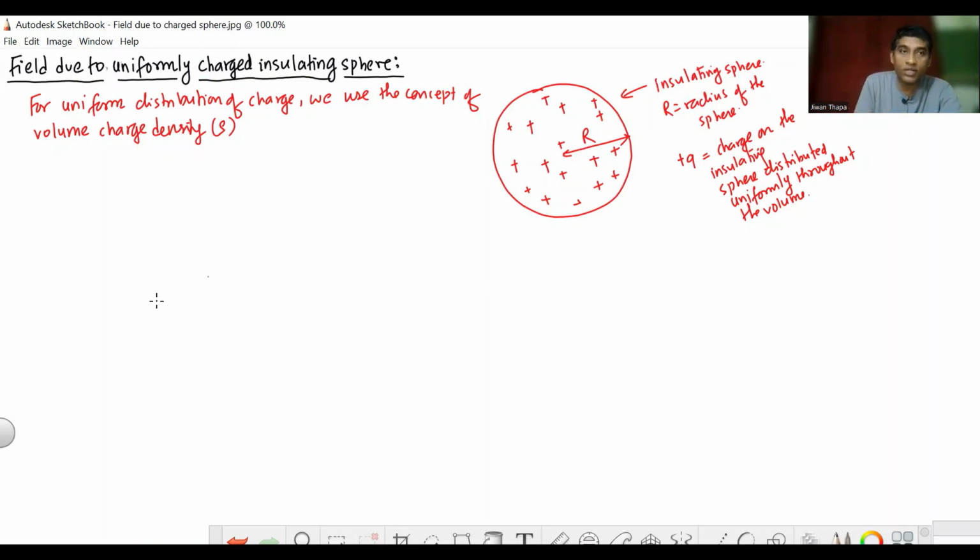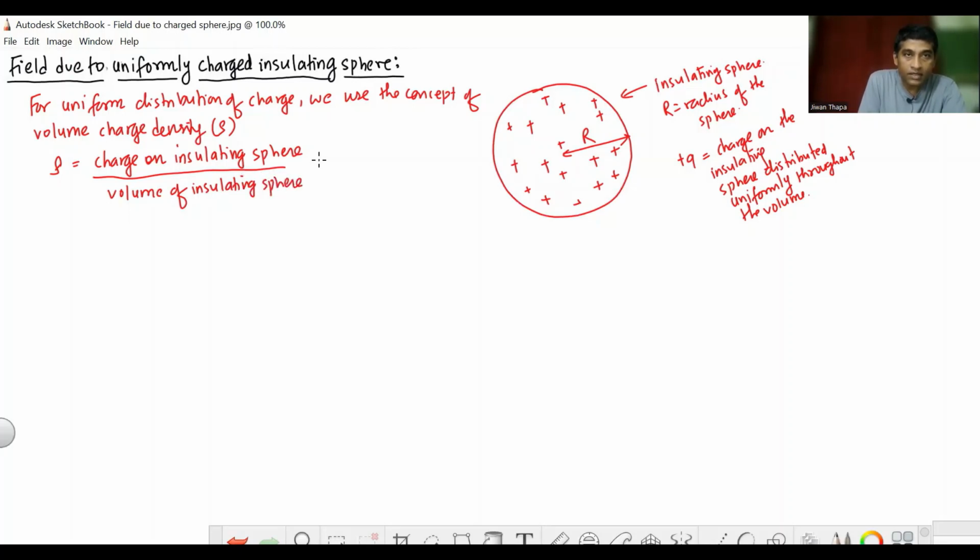So we need to note this. We can write rho equals charge on the insulating sphere divided by the volume of the insulating sphere.